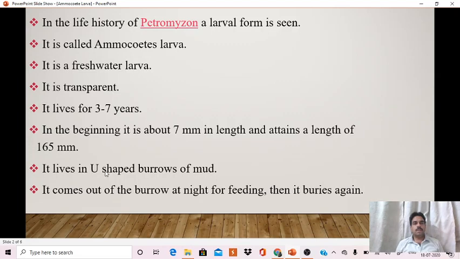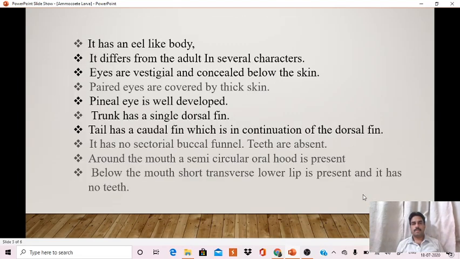It lives in U-shaped burrows of mud. It comes out of the burrow at night for feeding, then it buries again. It has an eel-like body.